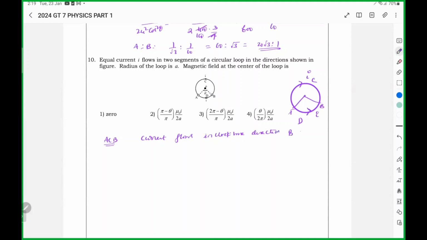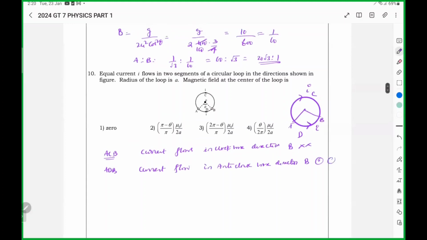So then the magnetic field will be inwards. In the ADB path, current flows in anti-clockwise direction. So the magnetic field will be outwards. Here inwards, here outwards. Net will be, we don't know which is more. So the difference, whichever is more, that we will consider.